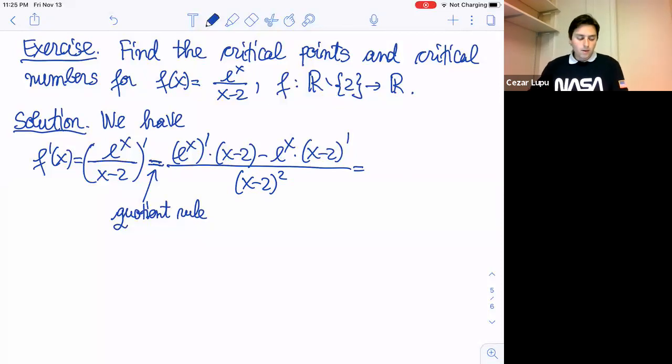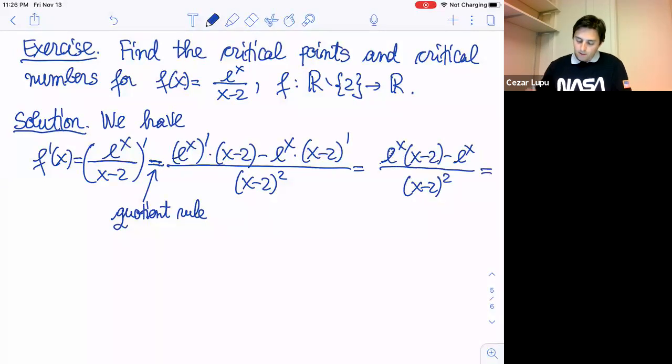Now, once we do the computations, this would give us e to the x times x minus 2 minus e to the x times 1, everything over x minus 2 squared.